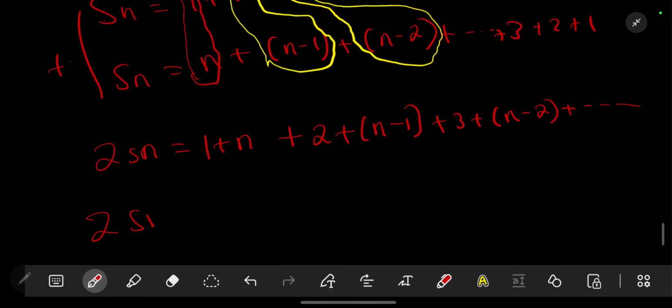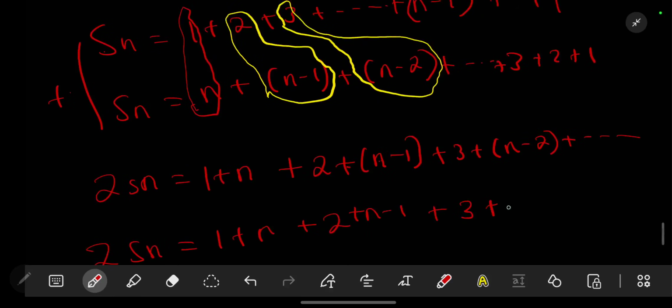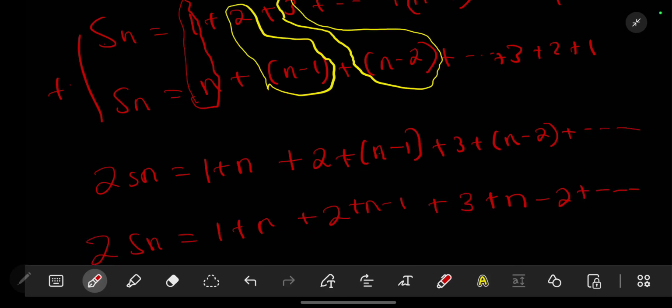So 2Sn should be equal to 1 plus n, just add the terms that are being added. We have plus 2, n minus 1. If we open the brackets, the 1 won't change anything. Then plus 3 plus n minus 2 plus dots, like that.